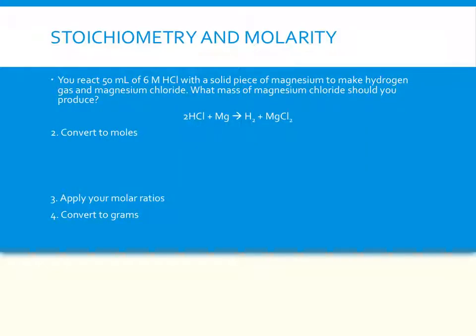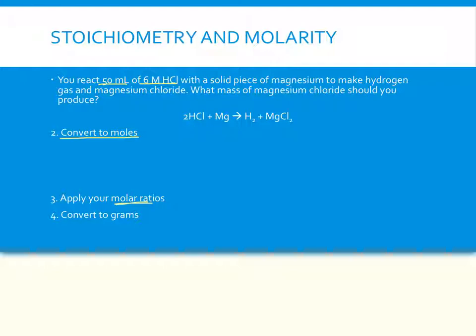Alright, so after you have your balanced reaction, the rest of the steps are very similar to what we did with stoichiometry. It's just sometimes it won't be a molar mass conversion, it's going to be a molarity conversion to get us to moles. So once we know we have our balanced and correct reaction to work with, we have to convert to moles in order to be allowed to use those molar ratios. Okay? So I have a concentration and a volume.